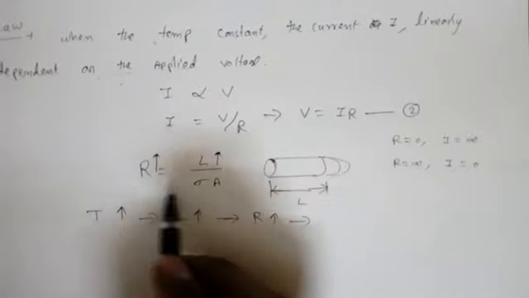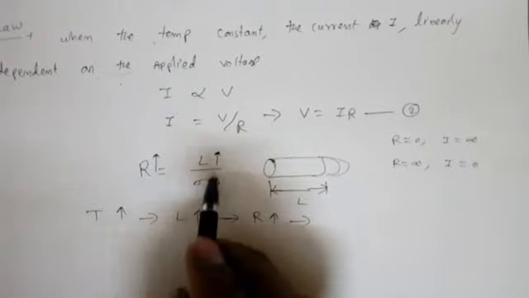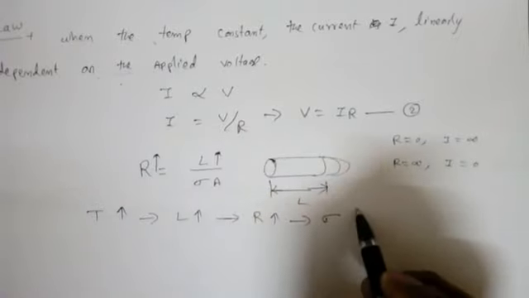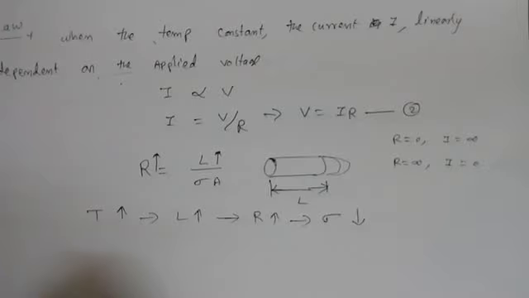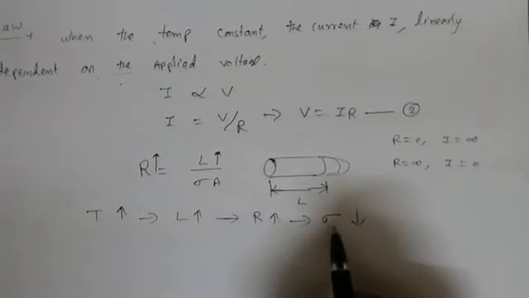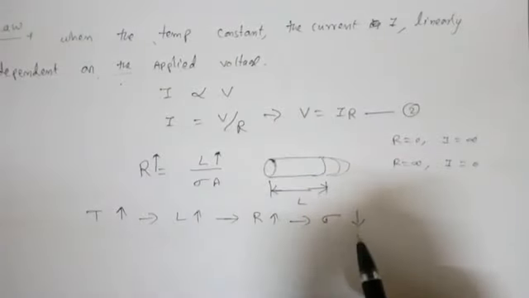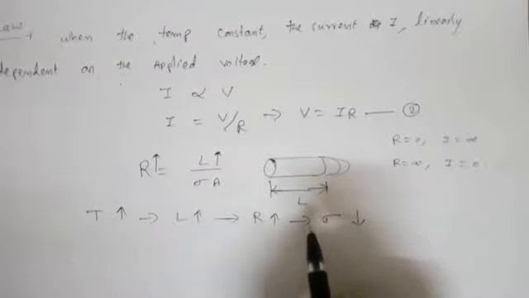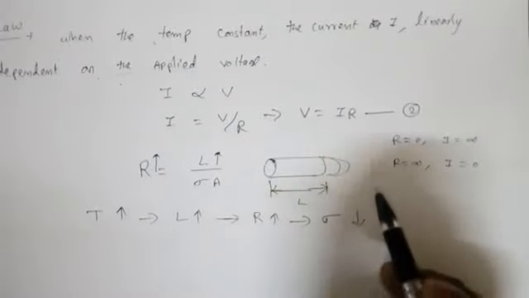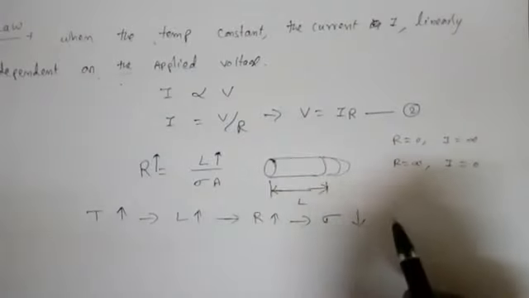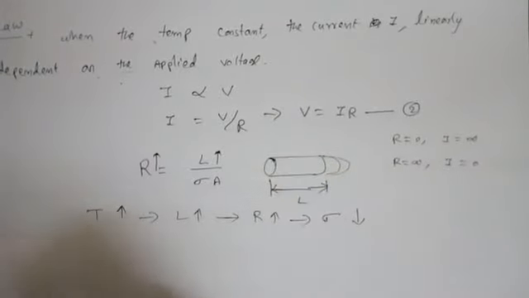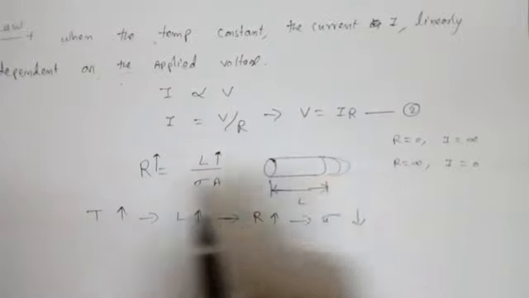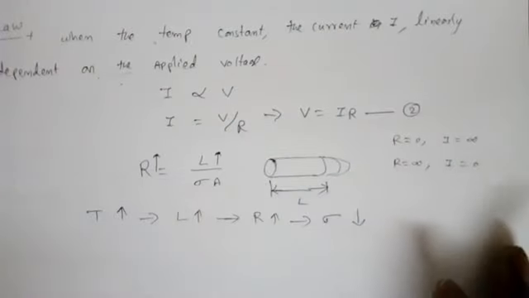When resistance is increasing, from this expression we can say sigma, the conductivity, will decrease, right? When conductivity is decreasing, the current will slightly decrease. So the conduction property will go on decreasing, and the current will become almost negligible when a very high resistance value is there. So this is a property we need to remember, right?